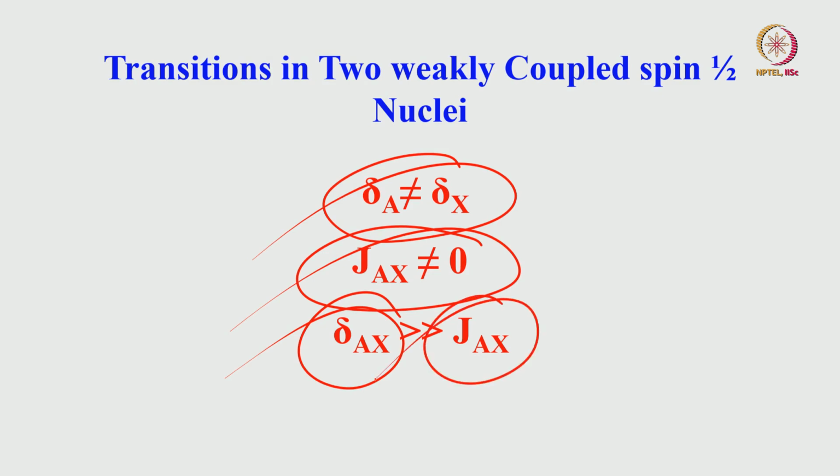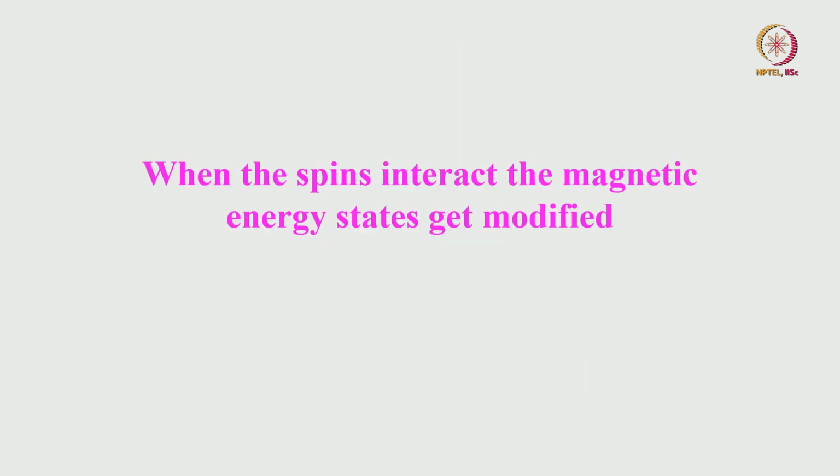Why did I assume that? Because I consider weakly coupled. Remember the nomenclature which we discussed. So, for 2 weakly coupled spins, the nomenclature is A and X. The chemical shift separation between A and X is sufficiently larger than the coupling constant. That is a weakly coupled case, and I will consider the example of 2 weakly coupled spin half nuclei.